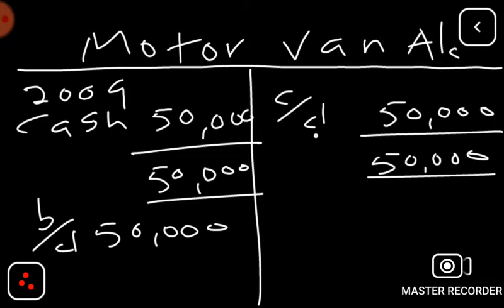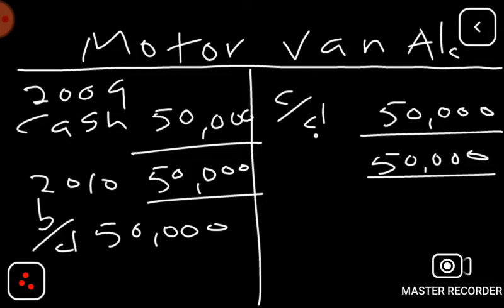So now this balance brought down will result to 2010, right? Now we've entered another accounting year. Because we've entered another accounting year, this 50,000 still shows us that we have this asset. But in the question, they've also told us that this asset in 2010 was sold for 35,000.